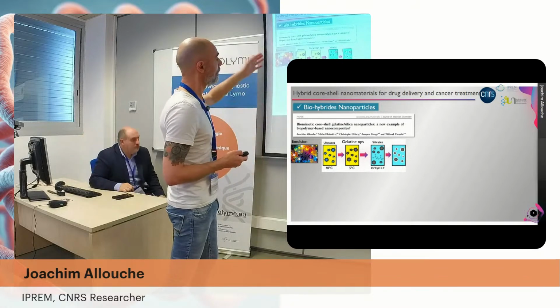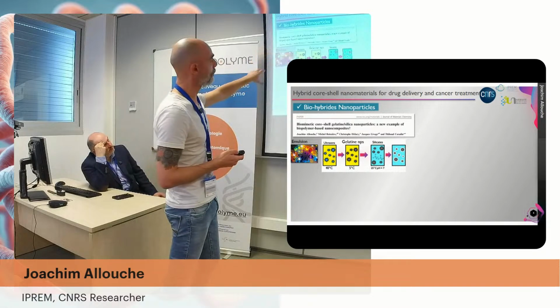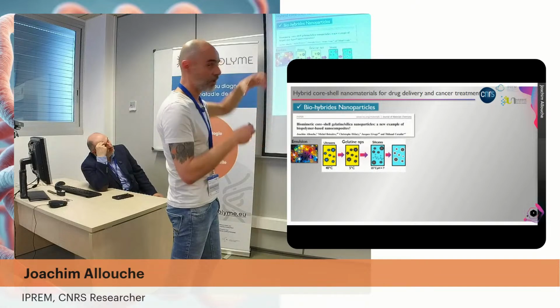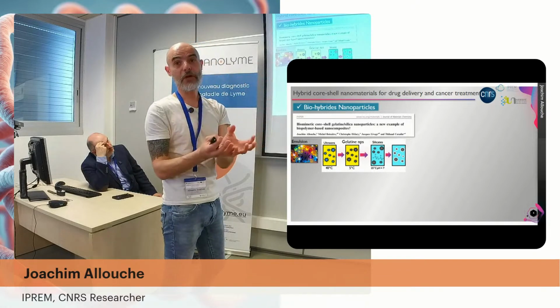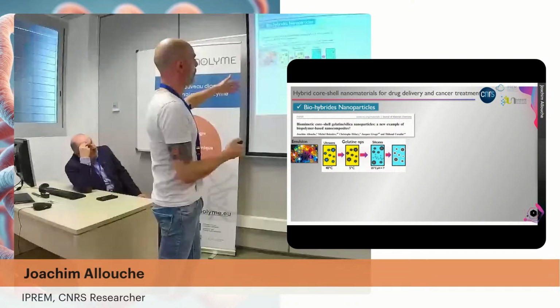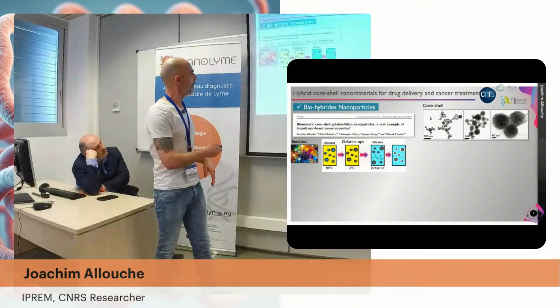I began with this type of material, which is biohybrid nanoparticles. This is a core-shell particle with a gelatin core, a biopolymer, and a silica shell. We will not go further into the details of the synthesis protocol.